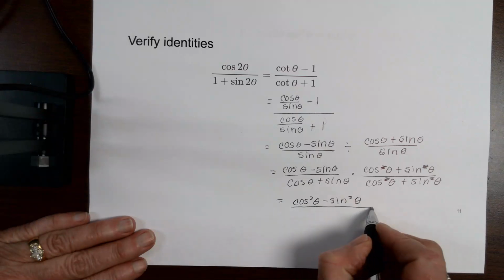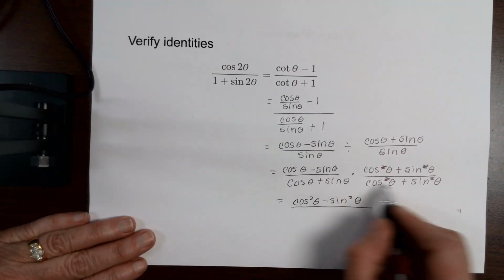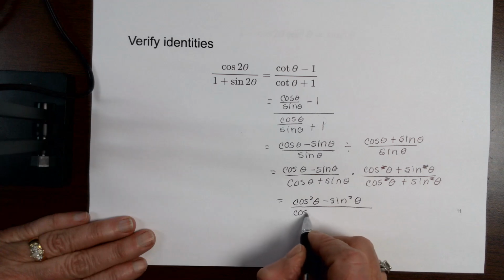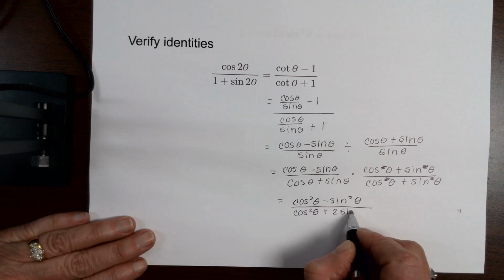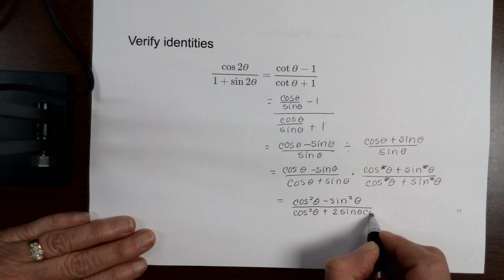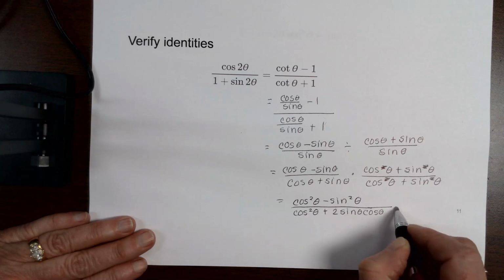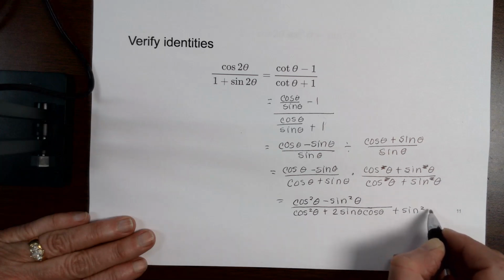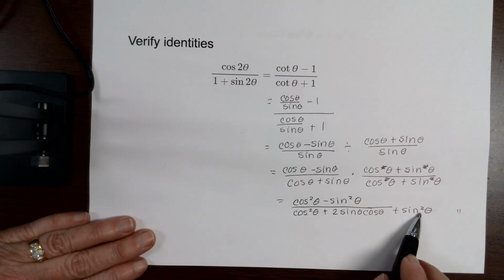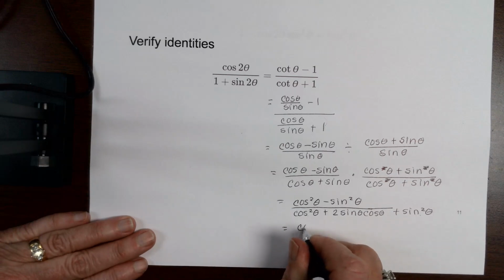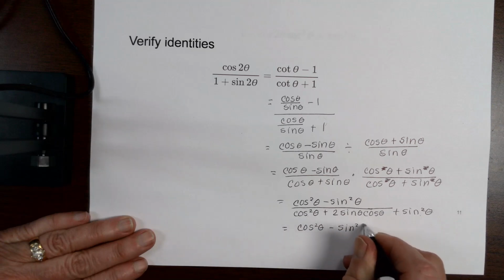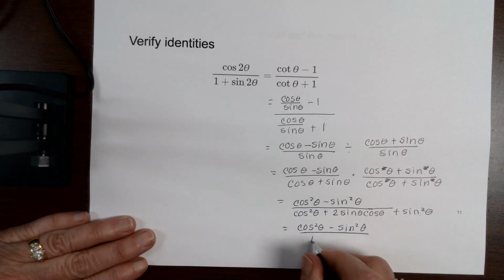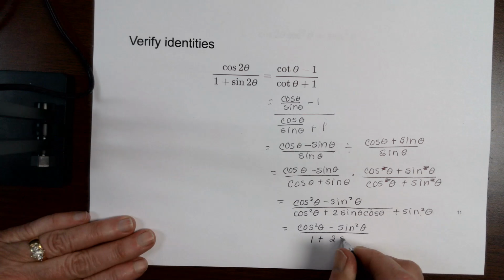So the top part I've gotten. The bottom part, I'm going to have to do FOIL on it. So I have the cosine squared theta plus 2 times the sine of theta cosine of theta plus the sine squared theta. This plus this is equal to 1, so that gives me the cosine squared theta minus the sine squared theta over 1 plus 2 times the sine of theta cosine of theta.